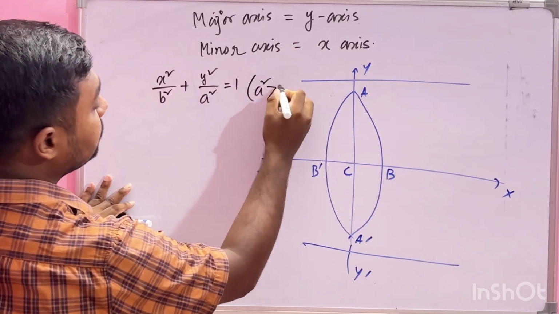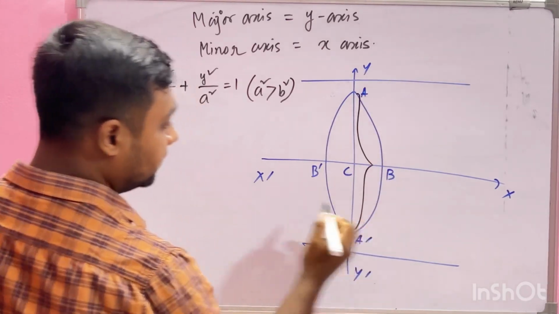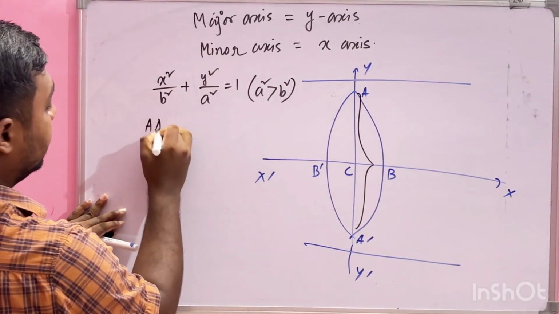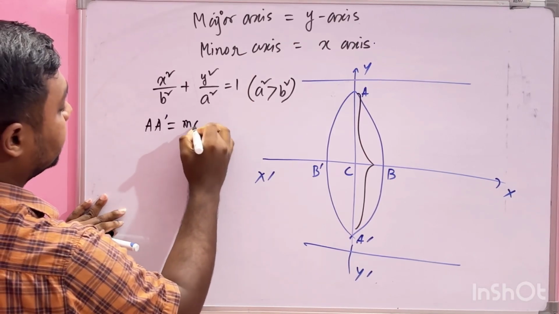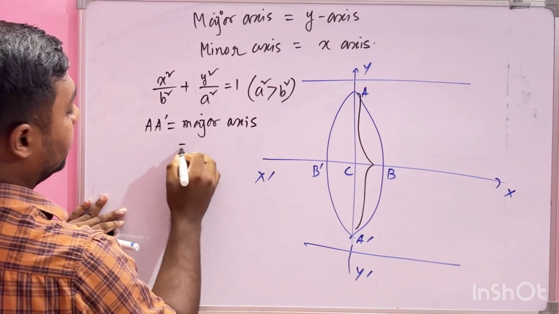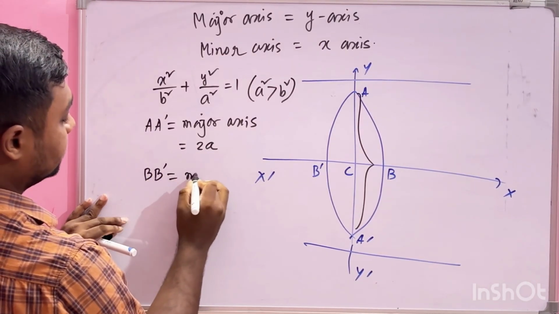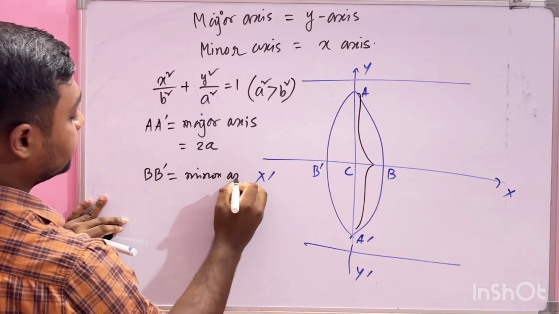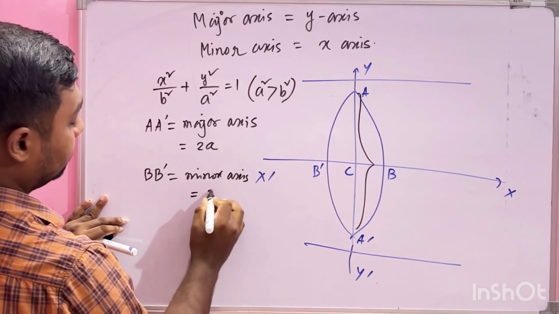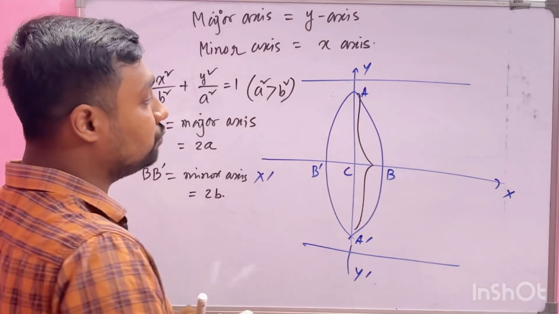Here a square is greater than b square. This length A dash is the major axis, that is 2a. B dash is the minor axis, that is 2b, and two foci will be there.